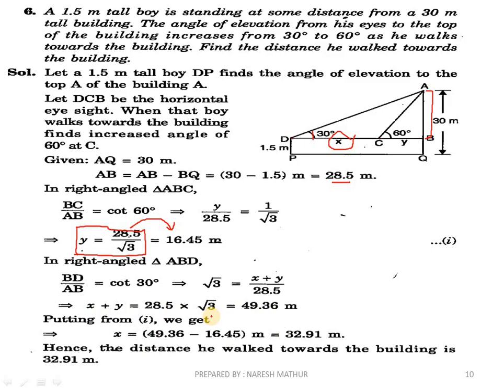Alright, we have the value of y, we can put the value of y and get the value of x from here. So the distance he walked towards the building is 32.91 meter, or we can just leave the answer in the square root also, but in a rationalized form.